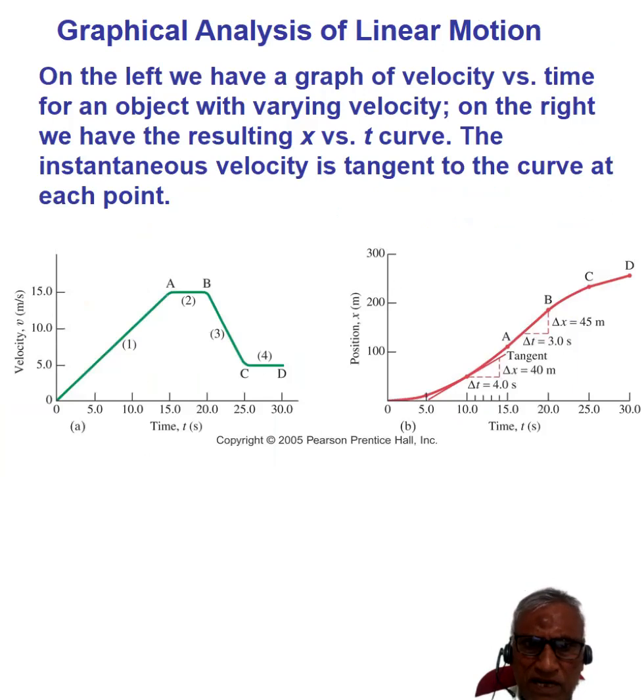Now this is a case where the velocity is constant. No, it's not constant, the velocity is increasing. That is what happened in the case of falling objects. The velocity was increasing, so we had the shape of a curve.